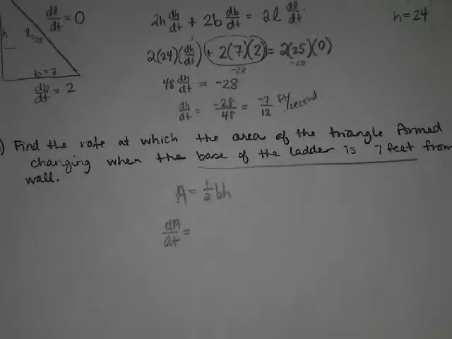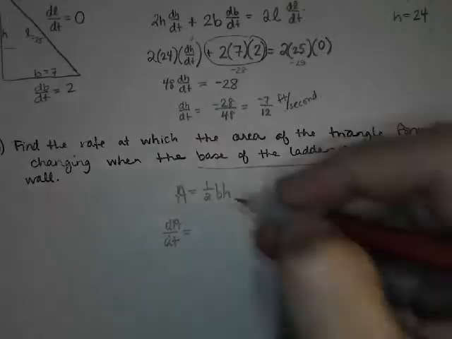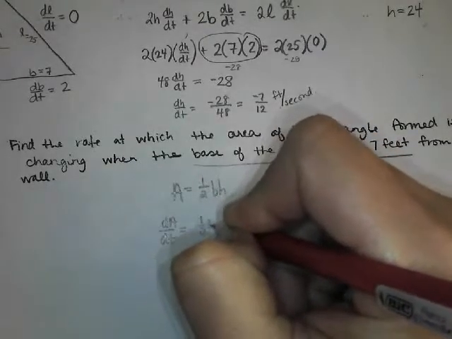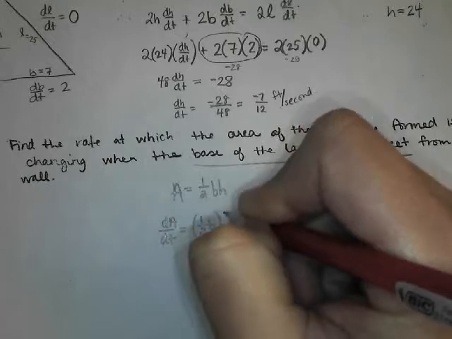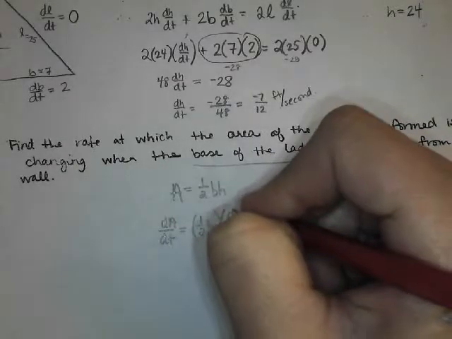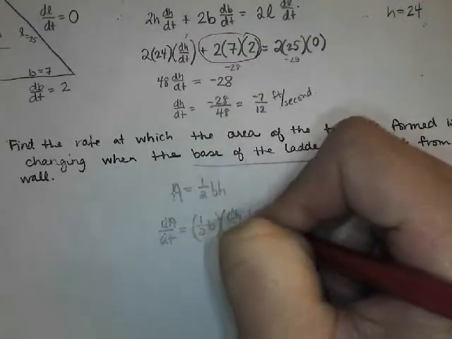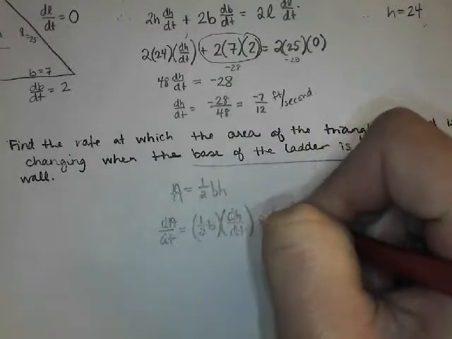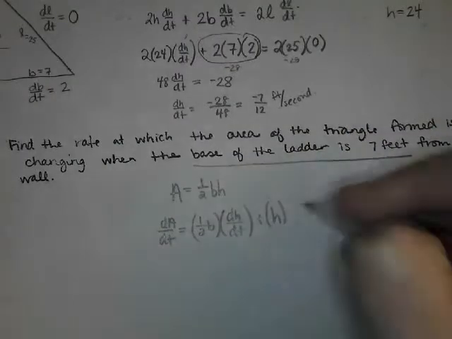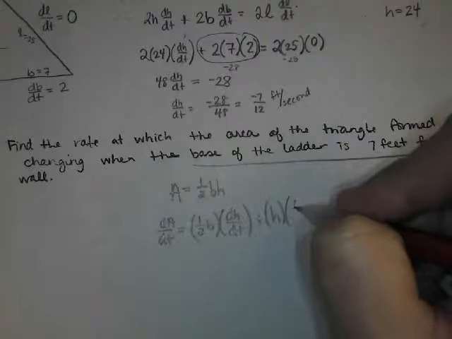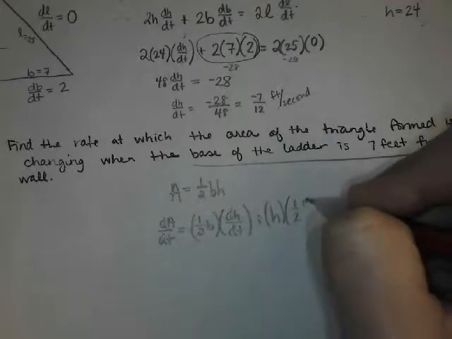What do we have to do? Product. We have our first, 1/2 b times the derivative of h, which is dH/dt, plus our second, h times the derivative of the first, which is 1/2 dB/dt.